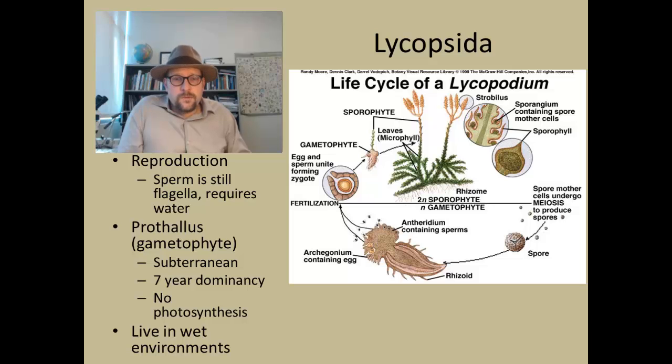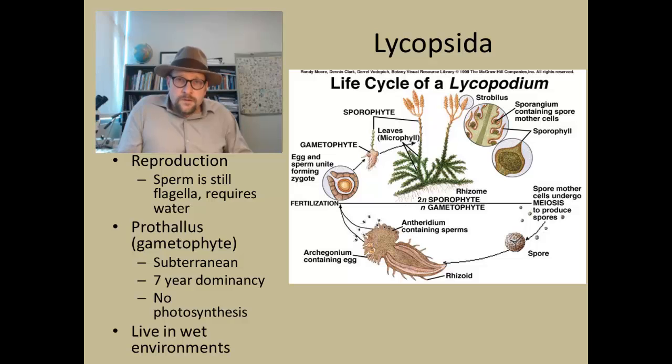Now the gametophyte is really interesting. It doesn't photosynthesize. It's underground and really teeny; many times you don't see it because it's so small in the dirt. The spore opens up and forms a little teeny plant with a bit of a rhizoid that gets some nutrients from the soil, but then it produces an antheridium and an archegonium. A lot of times it's hermaphroditic, so they're on the same little gametophyte in the soil.